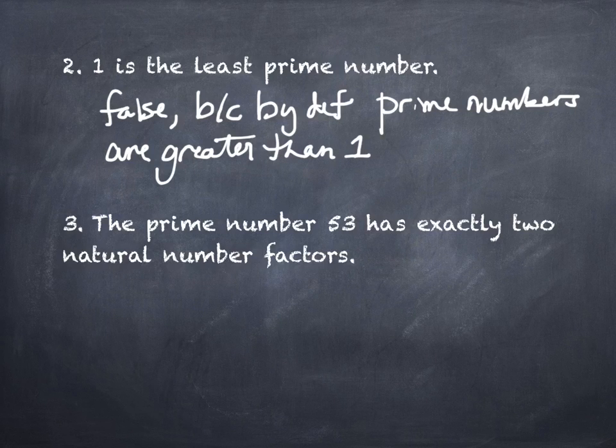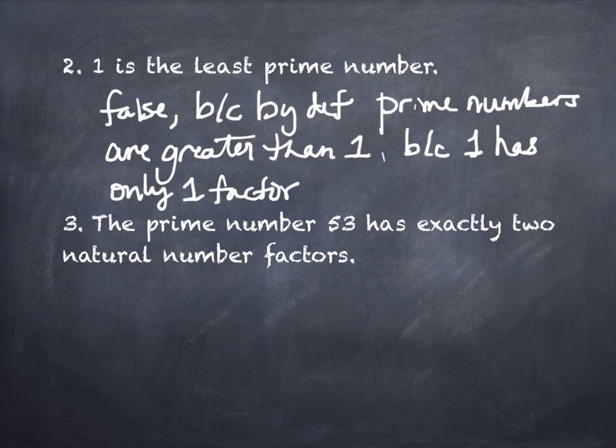But also it's false because 1 has only one factor, and it's supposed to have 2 distinct factors if it is in fact a prime number, and 1 doesn't have that. It only has itself, the number 1, as a factor.